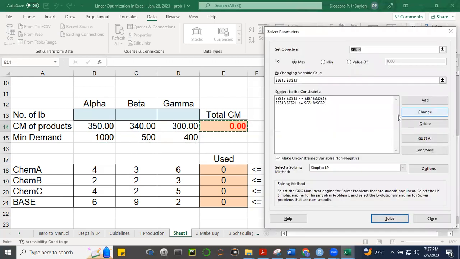In case you need to add more, you can just add more here. So, for example, let's assume that the decision variable should have an integral solution. When you say integral solution, it means integers, so you cannot produce 0.5 units of alpha. They should be whole numbers. So how should you do that?